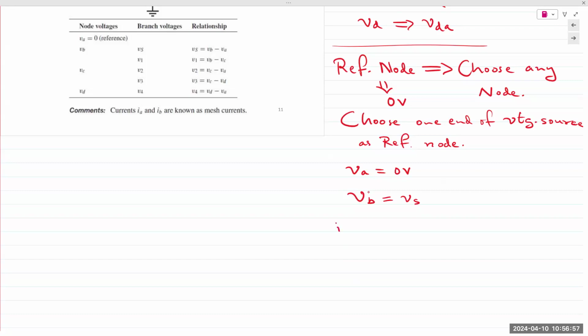If you choose B as your reference, then VB is 0 volts and VA would be equal to minus VS. Here's A, here's B. A is below B, so if you're looking up, it's plus VS. If you're looking down, it's minus VS. Online students can't see the hand gestures I'm making.